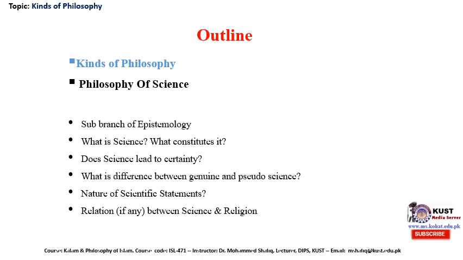So philosophy of science deals with this question whether science leads to certainty or not, and there is a difference of opinion of different philosophers and scientists about this question.